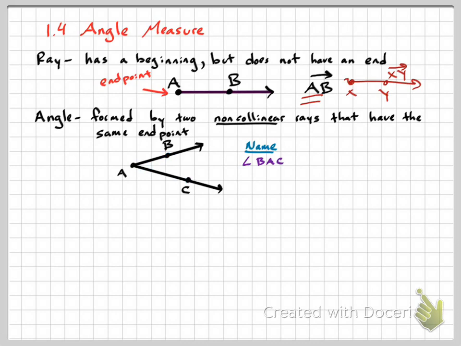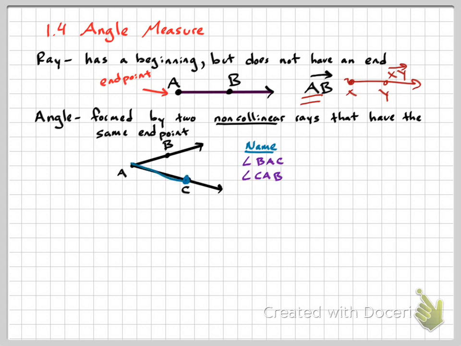And the reason we name it that way is so when we put that name down, someone can easily find that angle within a diagram, because they would start at B, they would go to A, and they would go out to C. That's why that would be angle BAC. I could also name it angle CAB.